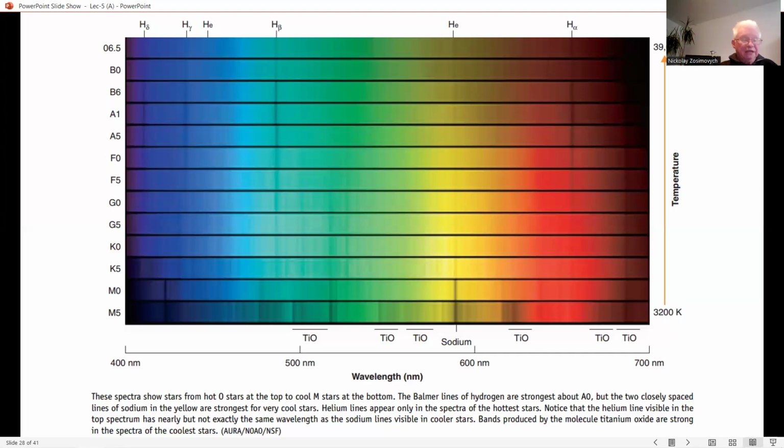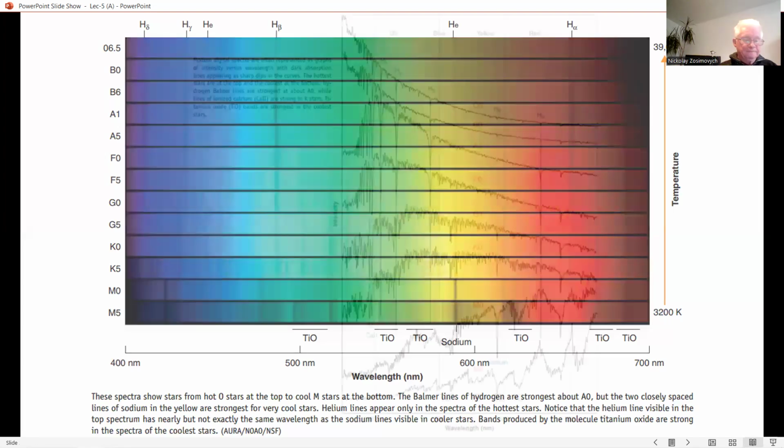The Balmer lines in cooler stars like F through M are also weak, but for a different reason. The lower temperature cannot excite many electrons to the second energy level, so few hydrogen atoms are capable of absorbing Balmer wavelength photons.